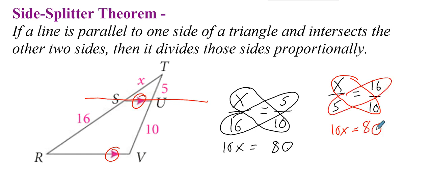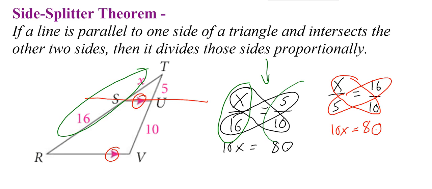So either way that you set them up is fine. I usually go with this one because geometrically I can kind of see x over 16 lines up here, and 5 over 10 lines up here, and imagine my parallel lines being the equal sign, and that sets up my proportions. It's just easier for me to see that.